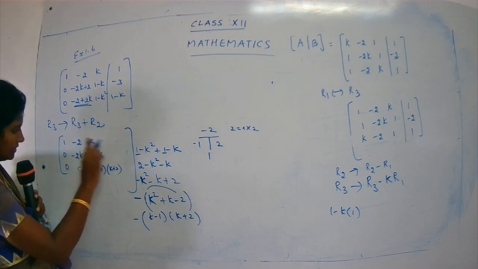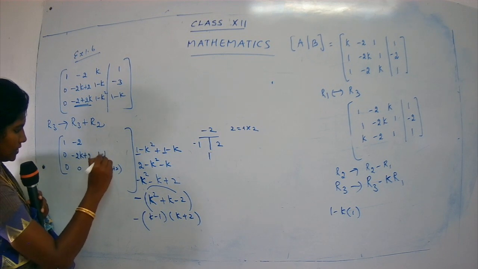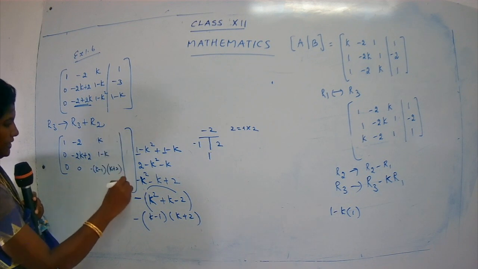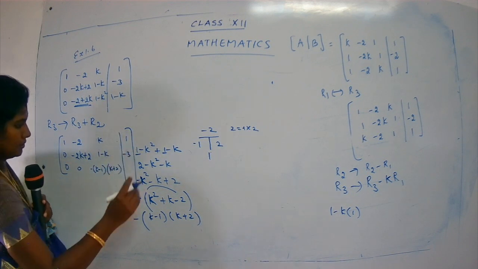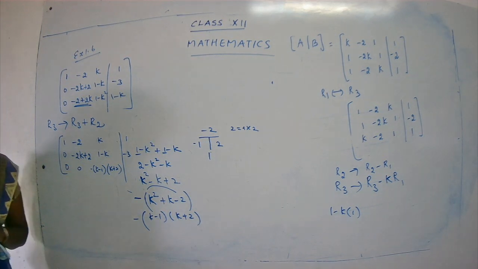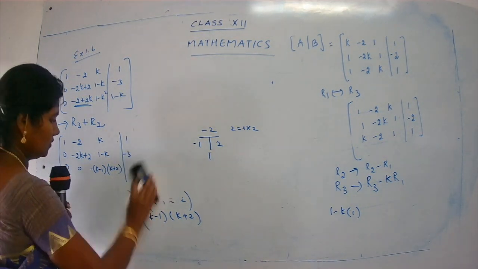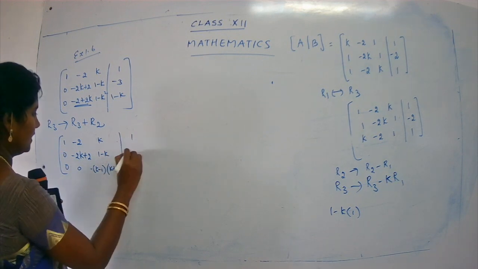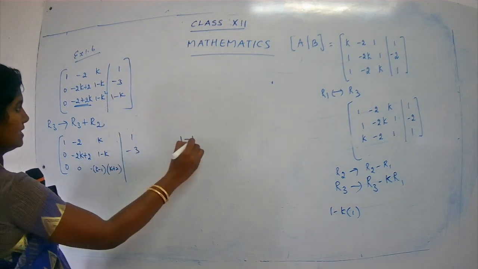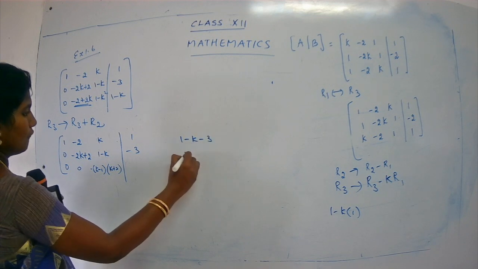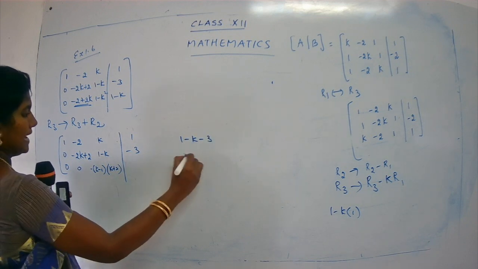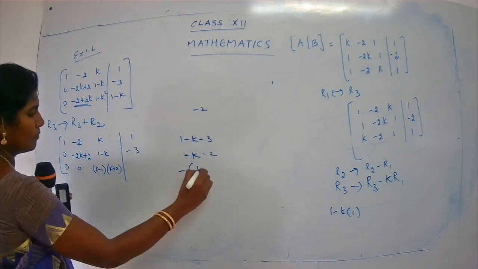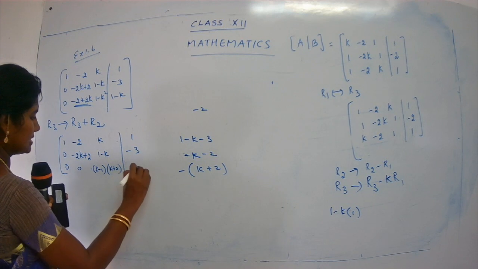So arrange, write the terms properly one below the other. 1 minus k, 1 minus 3. Okay, what is this? 1 minus k, 1 minus 3 minus 2. Minus 2. Take minus sign common, so you get minus k plus 2.